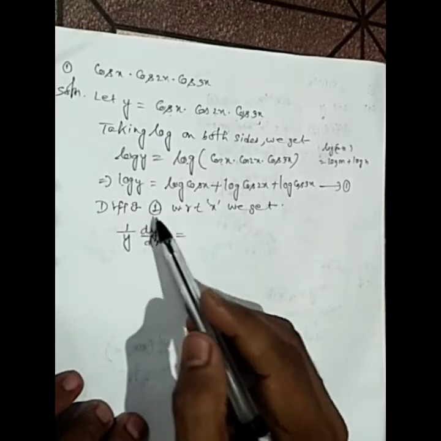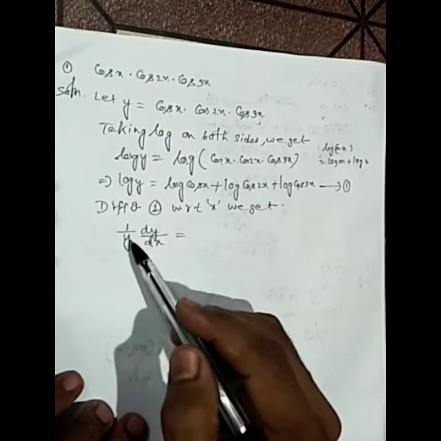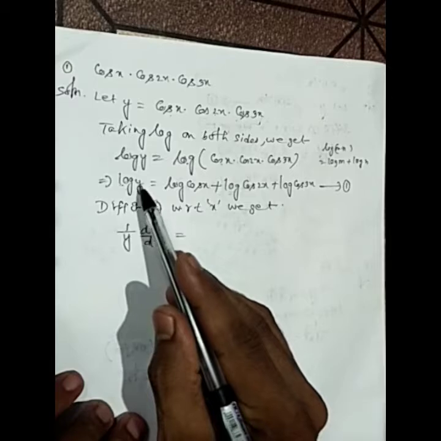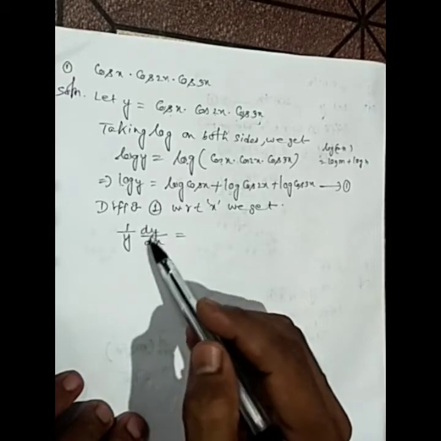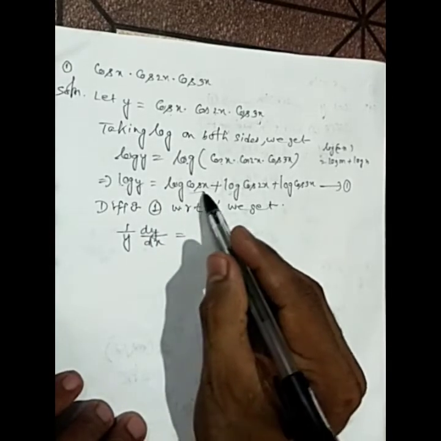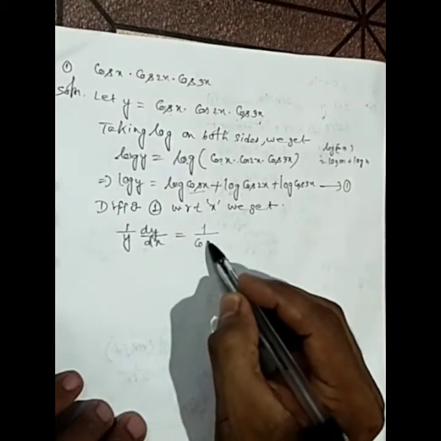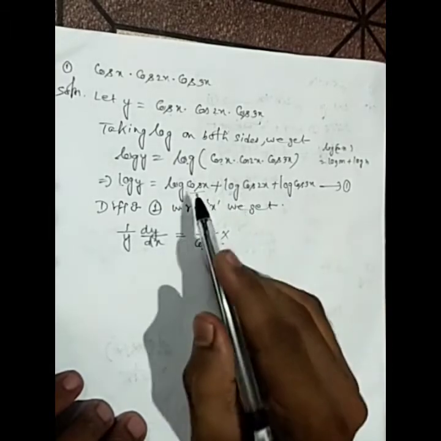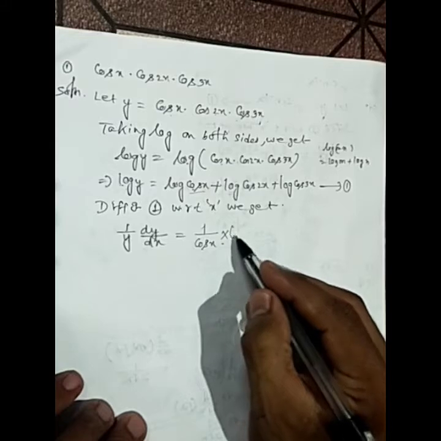Okay, so d/dx of log y means you will get 1/y, and for this y it will be dy/dx. d/dx of log cos x means 1/cos x into, for cos x you will get minus sin x.